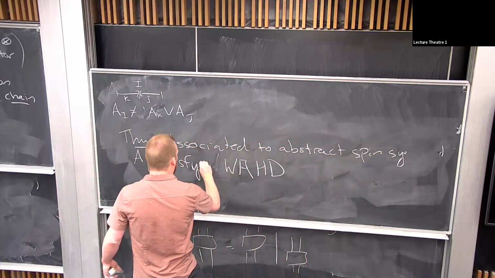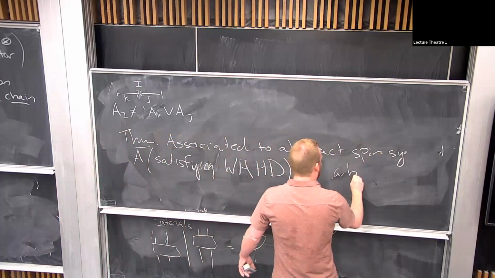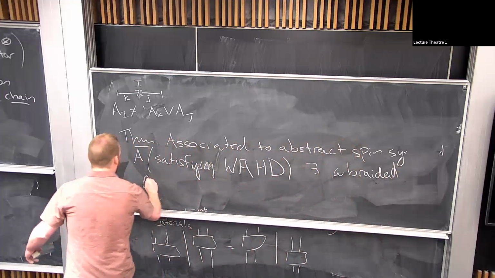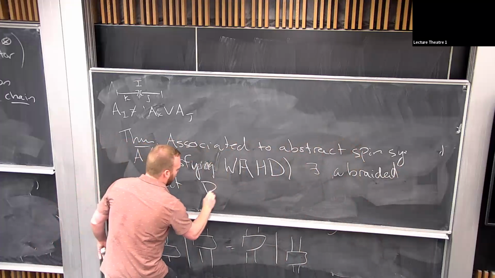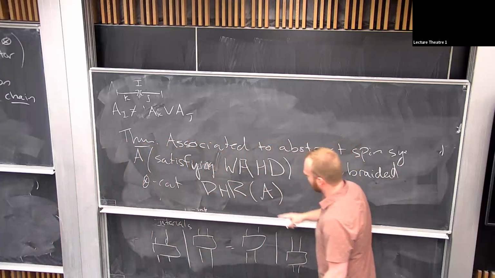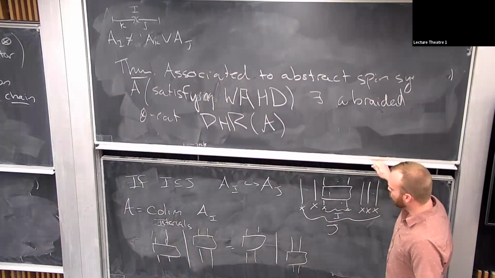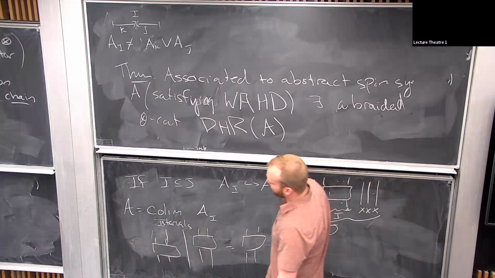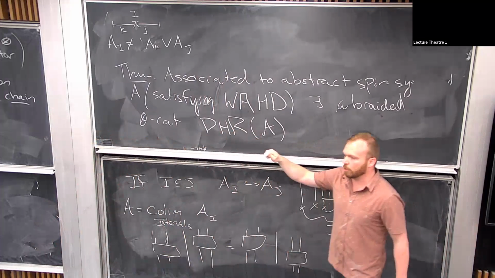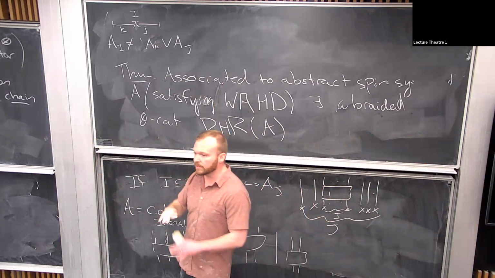There exists a braided tensor category. I'll call it DHR of A, and it's the category of DHR bimodules. I'll tell you what these are in a second. But the point is, associated to one of these abstract spin systems there is a braided tensor category without picking a state, without picking a Hamiltonian, just the net of algebras itself.